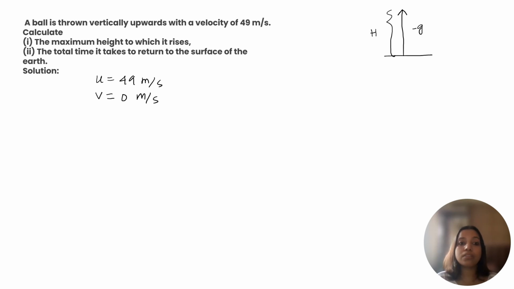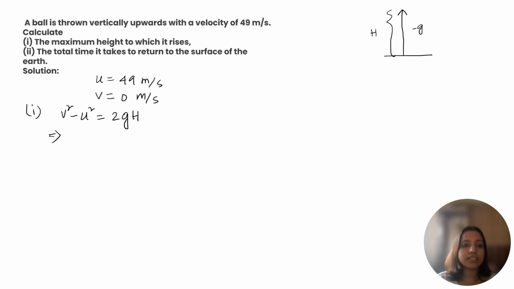Now we are going to use the third equation of motion to calculate the first question. So we know that v square minus u square is equal to 2as. We are going to replace a by g, and the maximum height is h. Now just substitute the values.